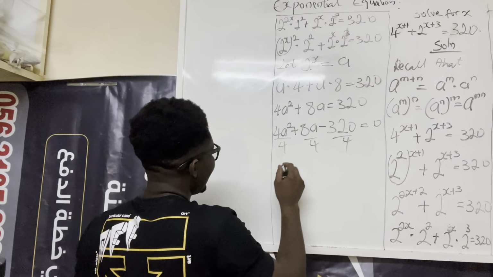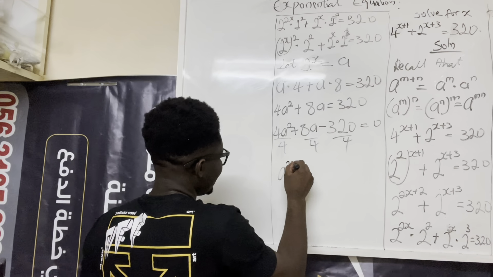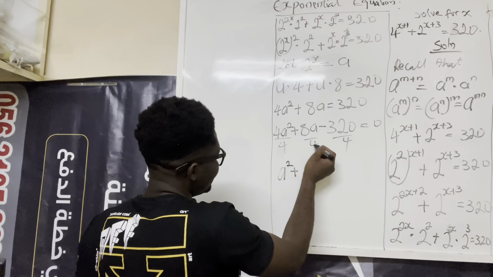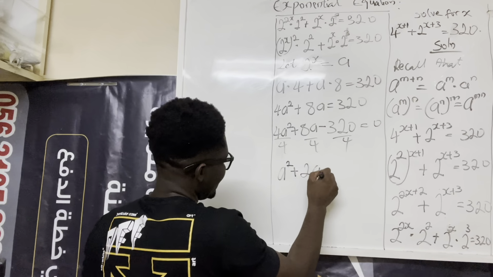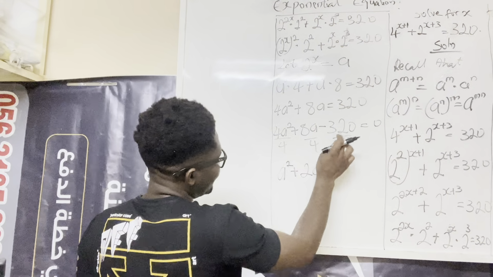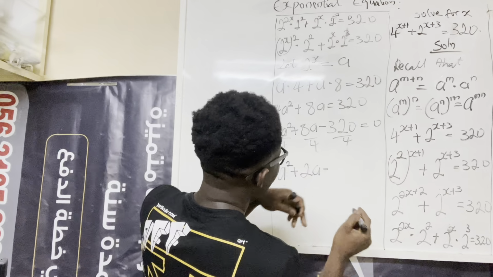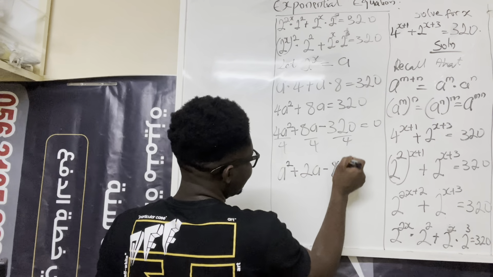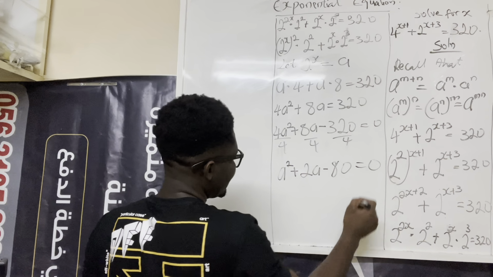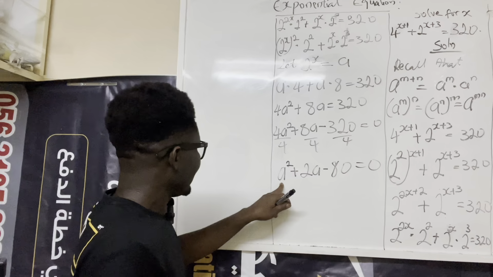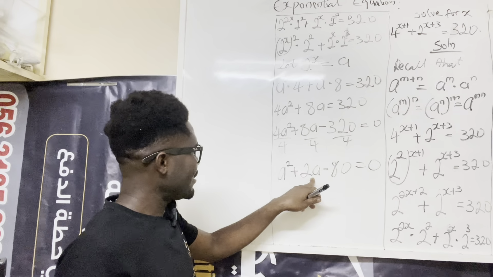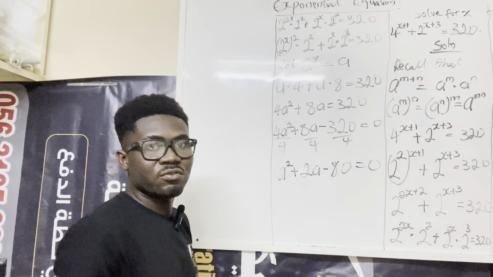So I have a squared plus 8 divided by 4 gives me 2a, minus 320 divided by 4, which gives me 80, equals 0. So here now is a squared plus 2a minus 80 equals 0.